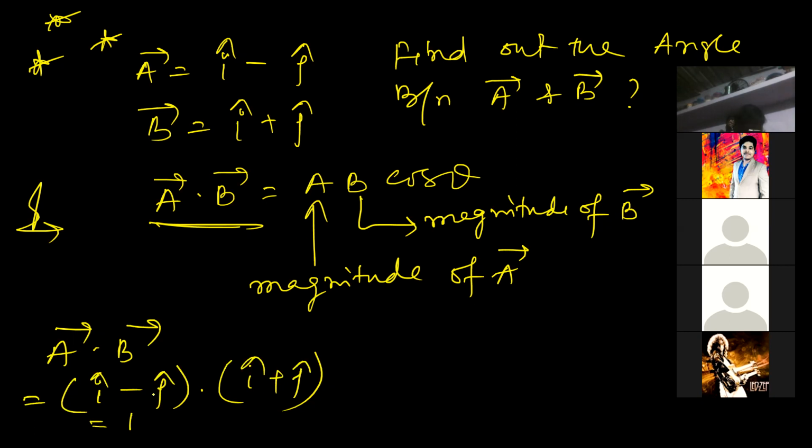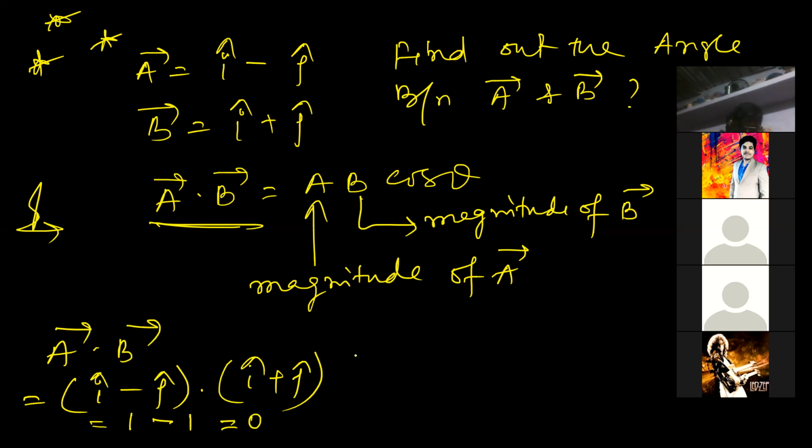The component of j cap of one vector is -1, and the component of j cap of the other vector is +1. When they are multiplied, I get -1. So 1 minus 1 is 0. As their dot product is 0, this is the shortcut technique: if the dot product is 0, then the two vectors are perpendicular to each other. Then you don't have to find out anything.